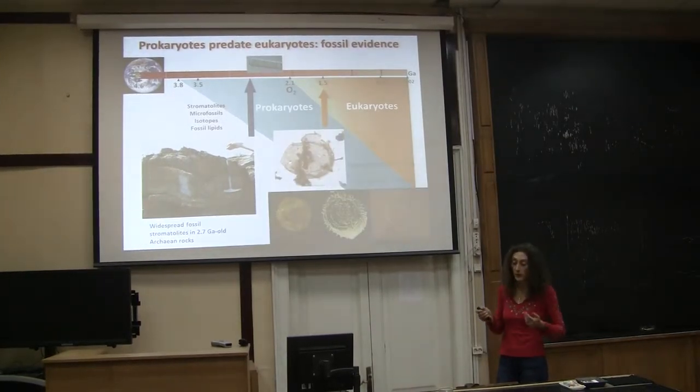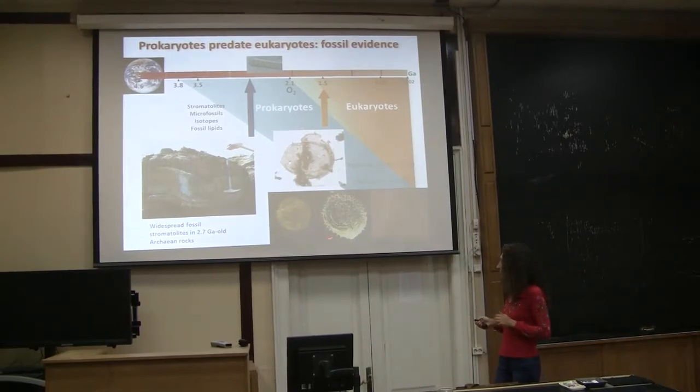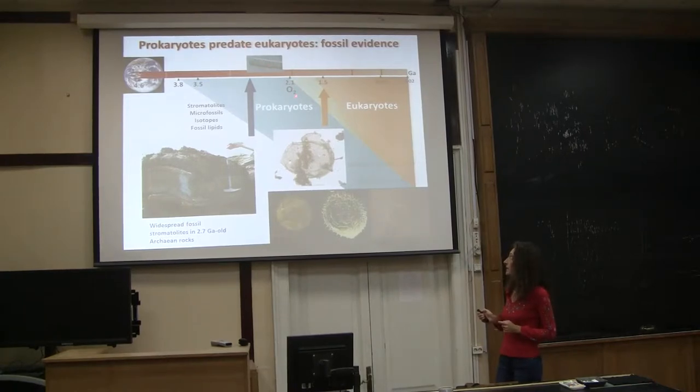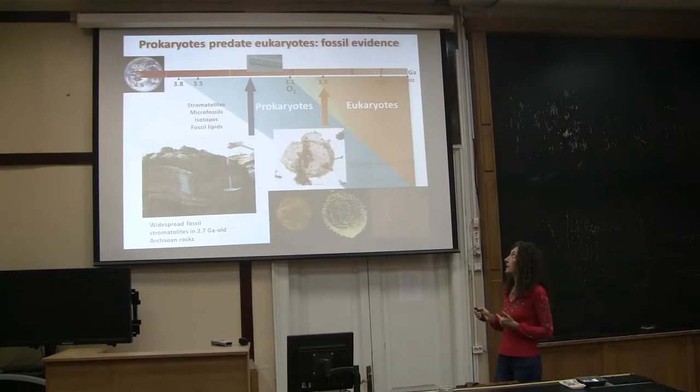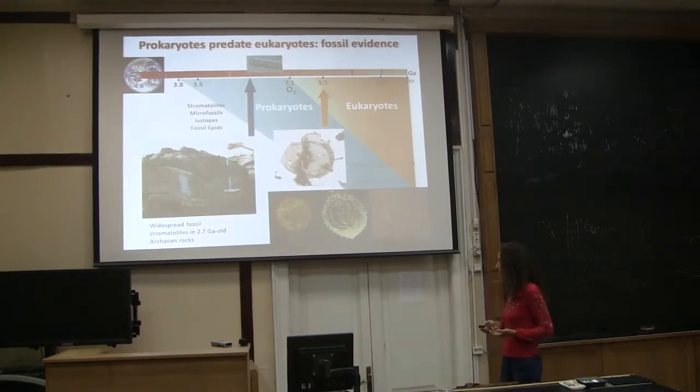By contrast, the oldest non-contested fossil eukaryotes, we don't know if they were photosynthetic or possibly not, date back to 1.5 to 1.8 billion years ago. Some suggest that there might be some fossils at 2.1, but in any case, something like 1 to 2 billion years after the origin of prokaryotic organisms.